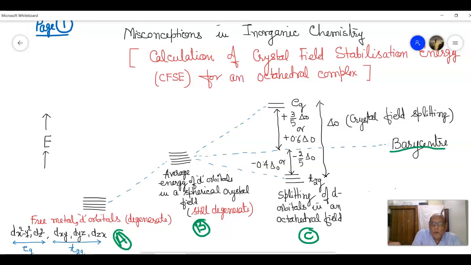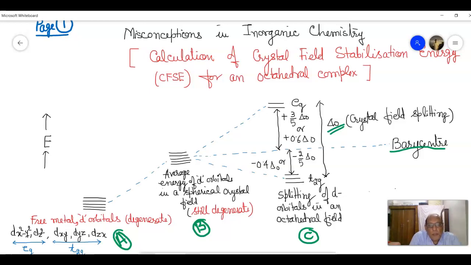And this delta O is known as crystal field splitting, and its value depends mainly upon the nature of the ligands, besides the nature of metal and other factors. But the main factor is the nature of ligand. For stronger ligands, delta O is larger. For weak ligand, delta O is smaller.